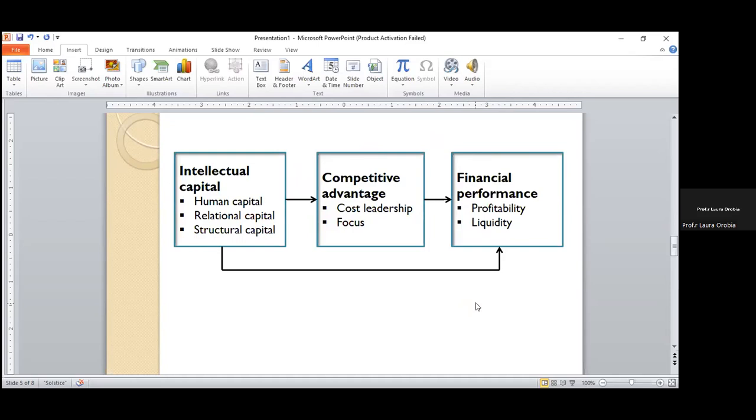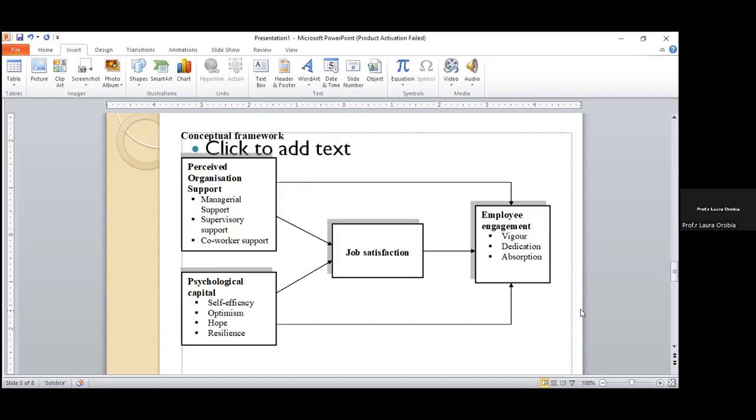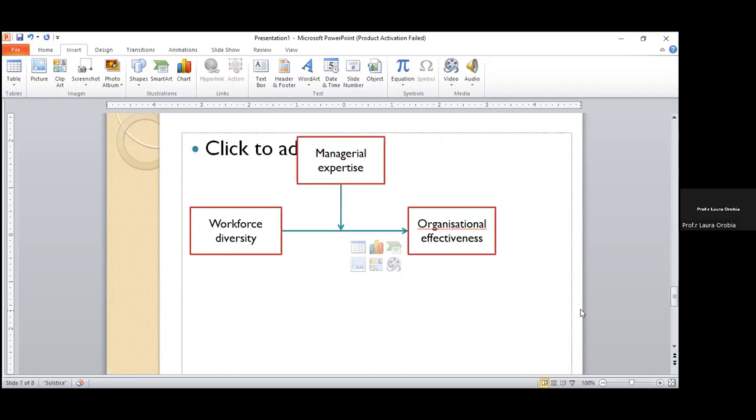Okay, so for the mediator, we are saying that one surfaces through the other. But what about this particular one?